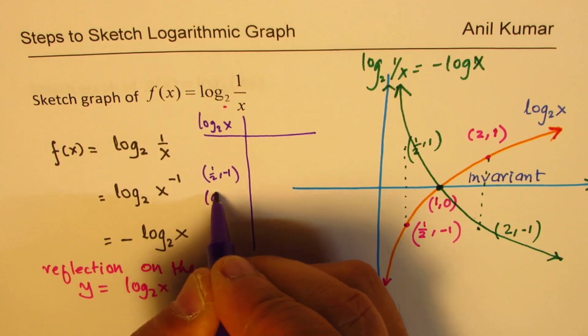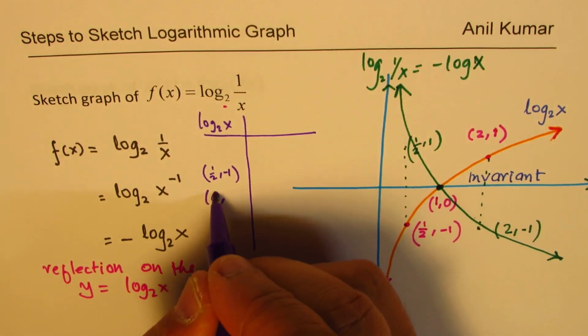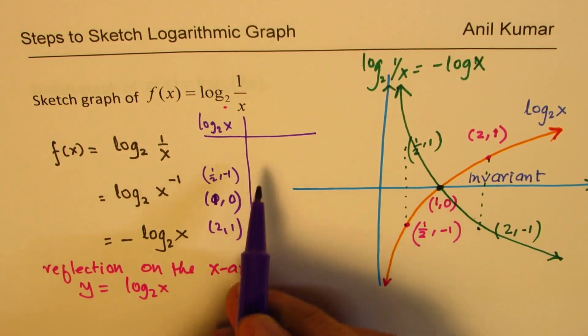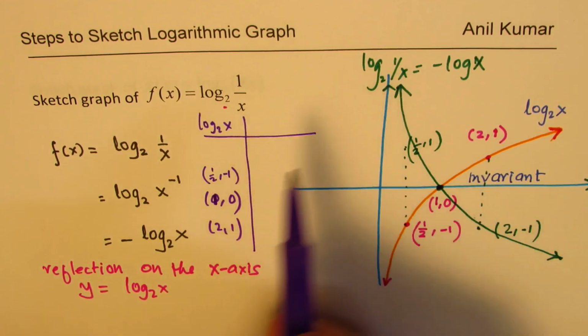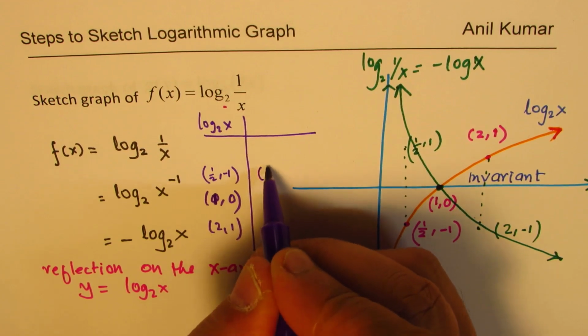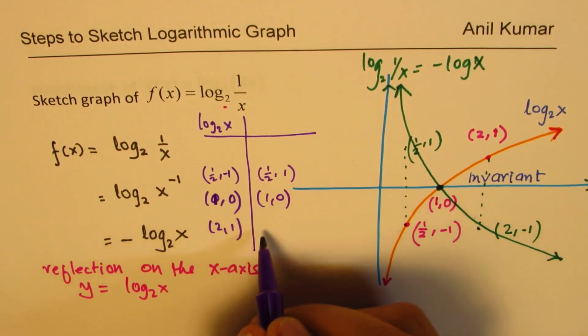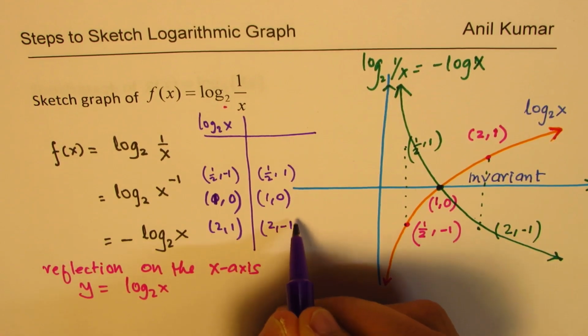At 1 it was 0, and at 2 it was 1. So for 1 over x, this value of y became negative. So we get (half, 1). At 1 it remained 0, same value. At 2 it became minus 1.